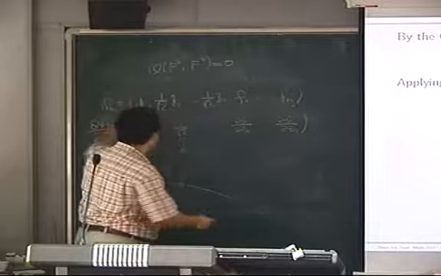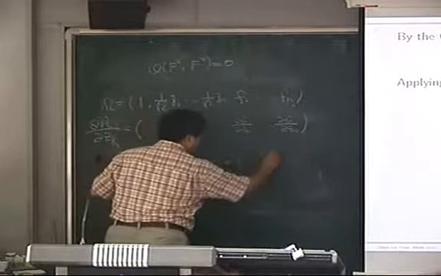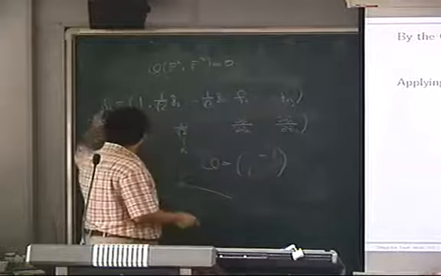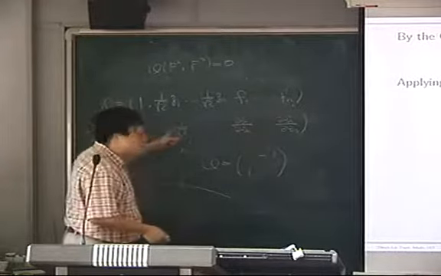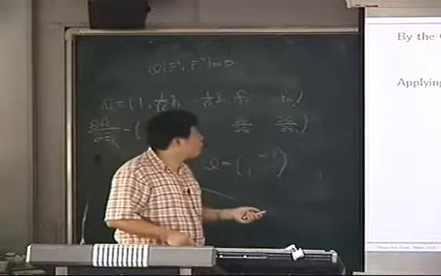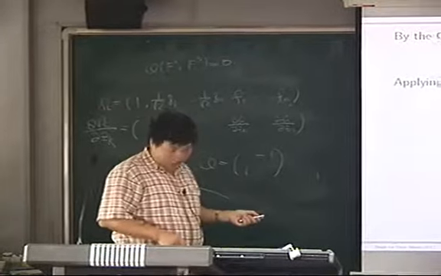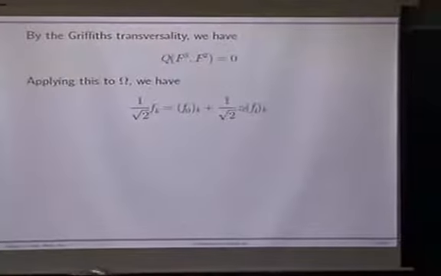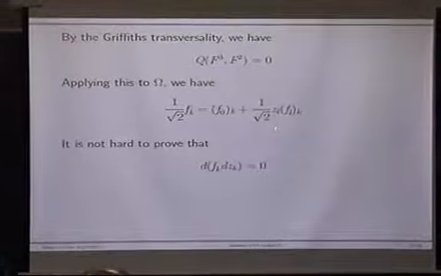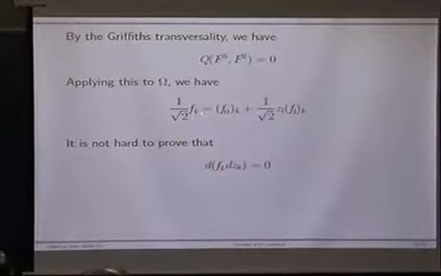But the quadratic form Q, the matrix is already written down, so you can actually compute it. If you use the fact that with respect to Q, this vector is perpendicular to that vector, the equation we get is this. And with this equation, we can easily prove that if you couple fk with dzk, you get a one-form.